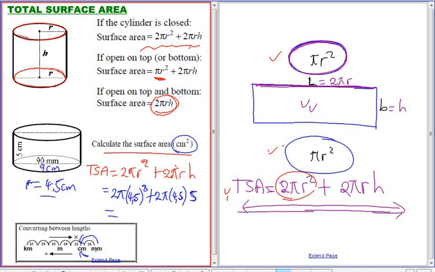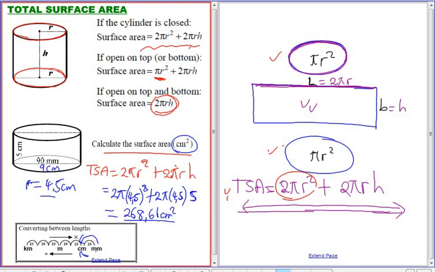Okay, I'm getting 268.61. 268.61. That's what I'm getting there, square centimeters. I hope you have the same one as well.